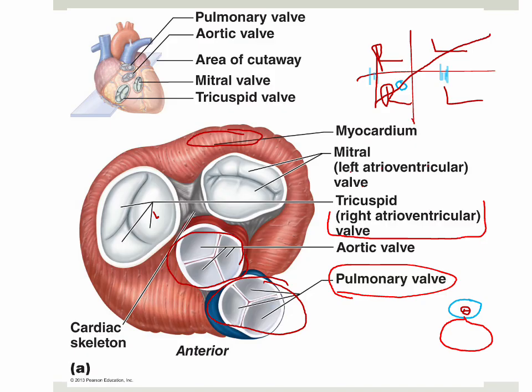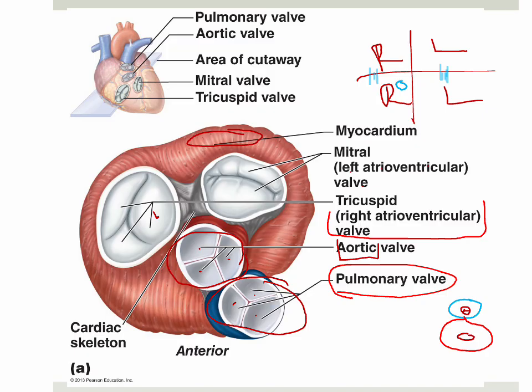Now, it will be a similar case for the aortic valve, and it's kind of like a giveaway, also very common. These valves always have three cusps, as you can see. The aortic valve goes to the aorta, and this is where it plays into the systemic circulation.